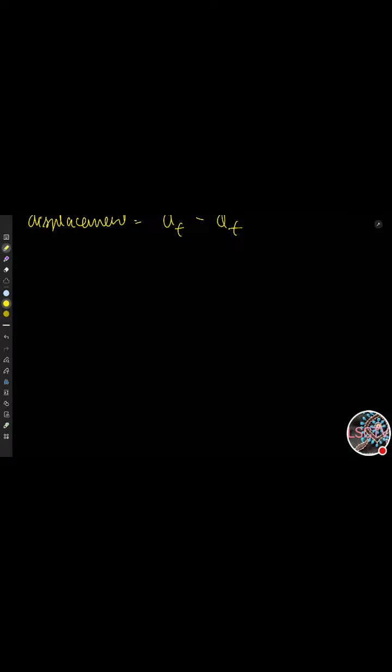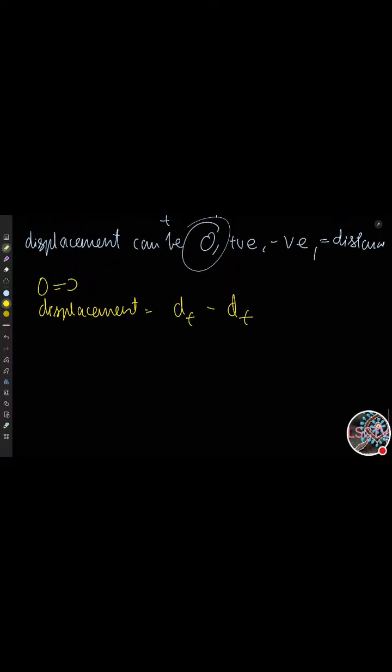When it ends at its starting point, yes, that is correct. When the displacement, when it ends at its starting point, that is a fair answer. How?